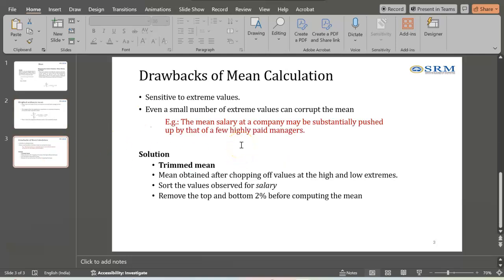Let us see the drawbacks of mean calculation. The mean is sensitive to extreme values, because even a small number of extreme values can corrupt the entire mean.